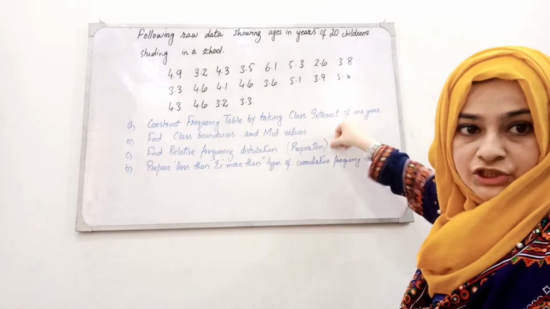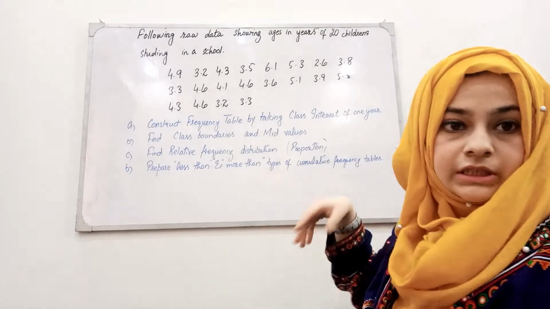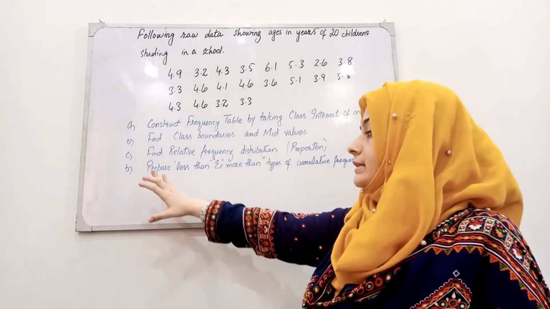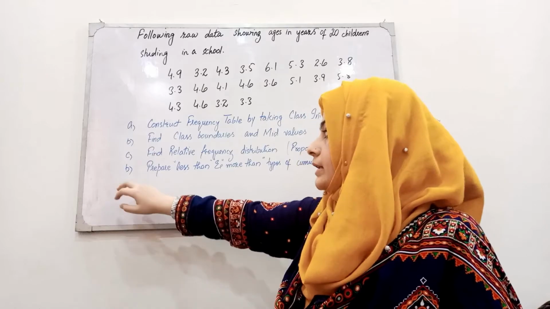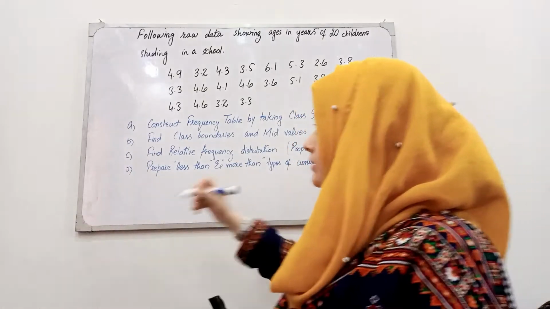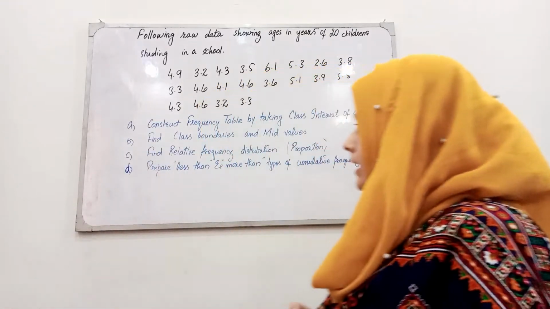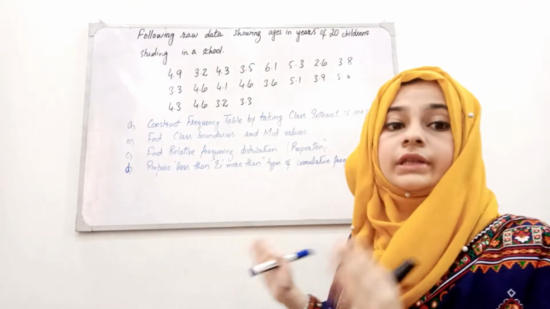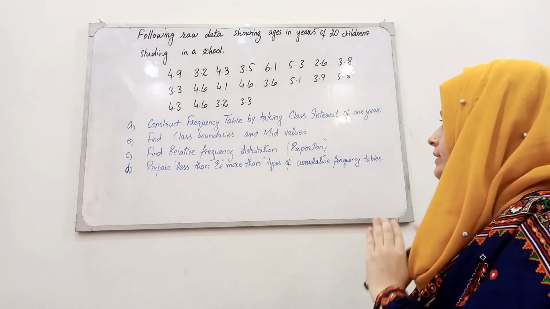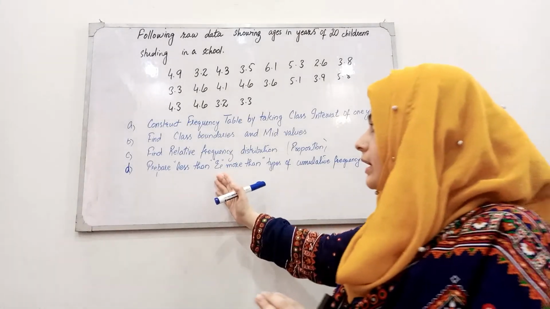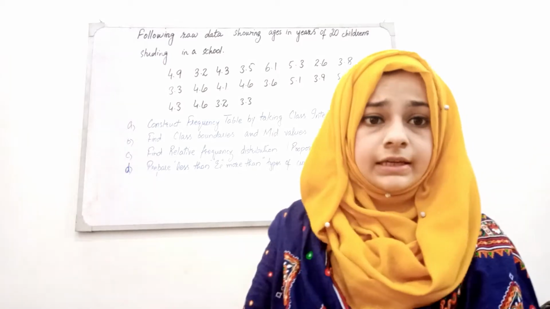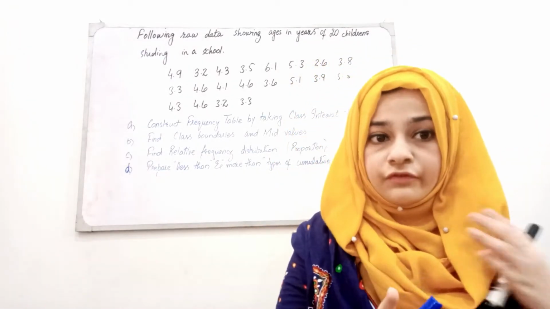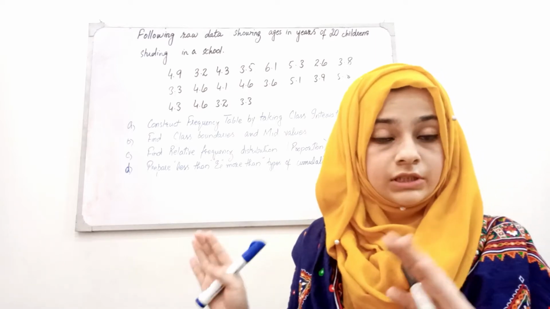The proportion is mentioned here, which means we need to find out the percentage. And in the last part, they are saying prepare less than and more than type cumulative frequency tables. This is a new topic, how to create a less than type and a more than type, and today we will cover that.